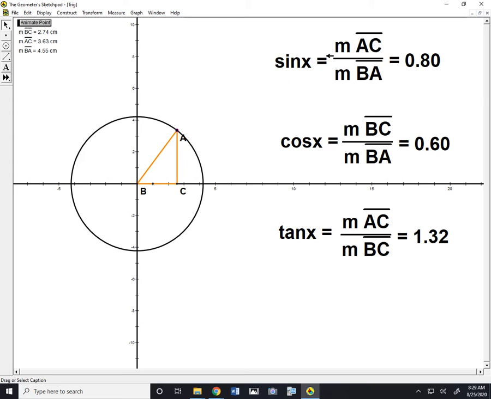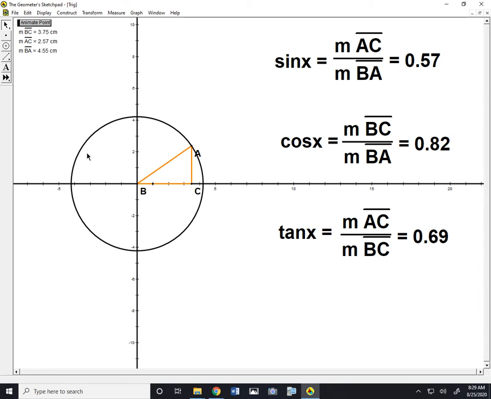Okay, so first I'm going to take a look at sine, and sine is opposite over hypotenuse. So I've got the ratio of those two sides. At this point, it's 0.8, which means that AC here is 4/5 or 0.8 of AB. If I move this closer to 0, you see that this opposite side is getting smaller, and therefore the sine value is also getting smaller.